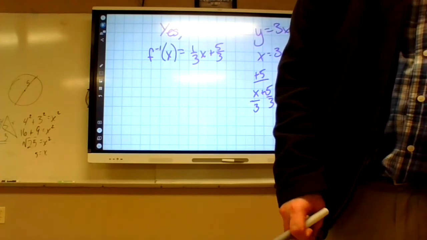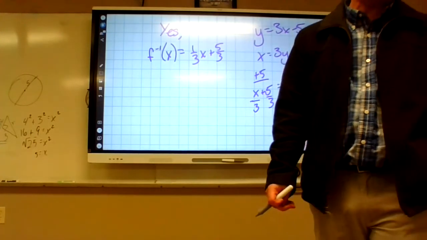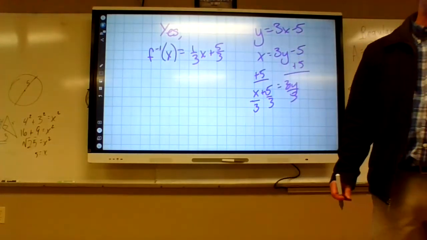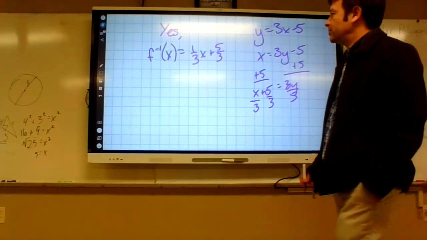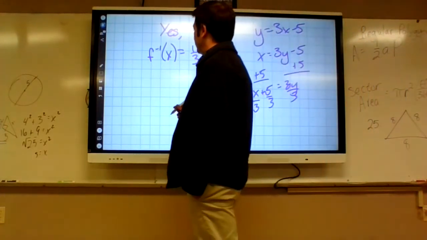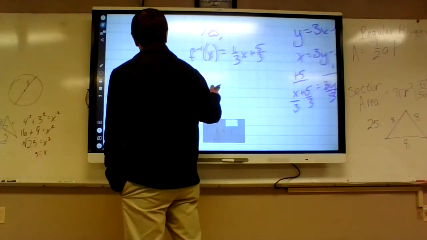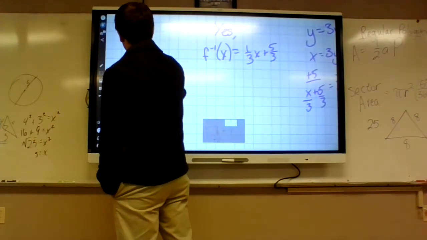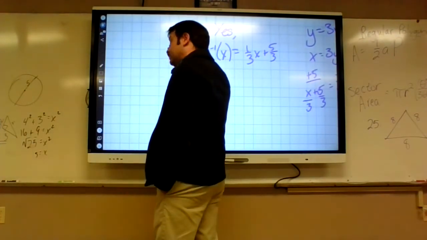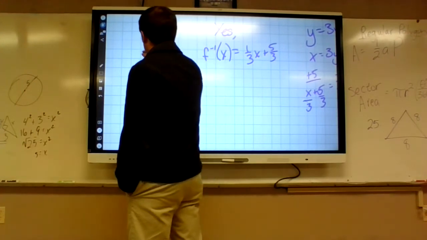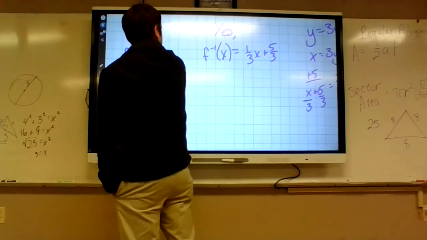And then it says show that f of f inverse of x equals x. So if two functions are inverses, then when you do f of f inverse, it should equal x. What was the original function again? 3x minus 5.